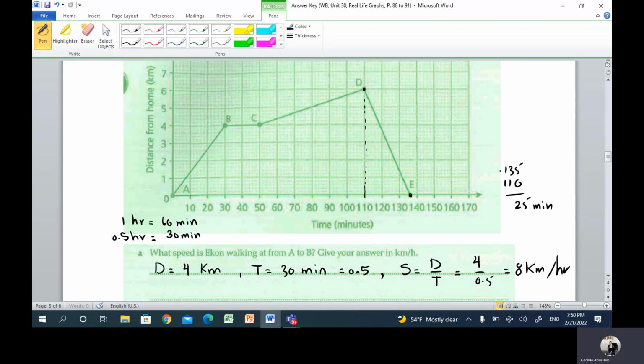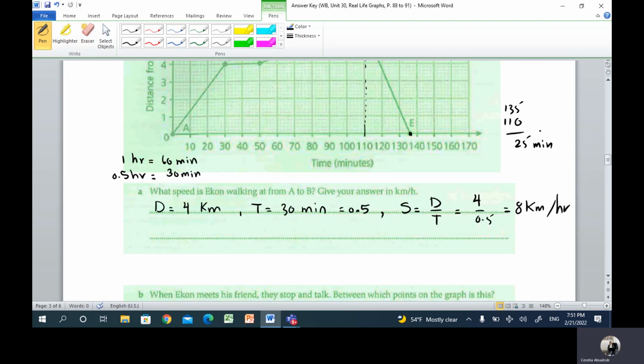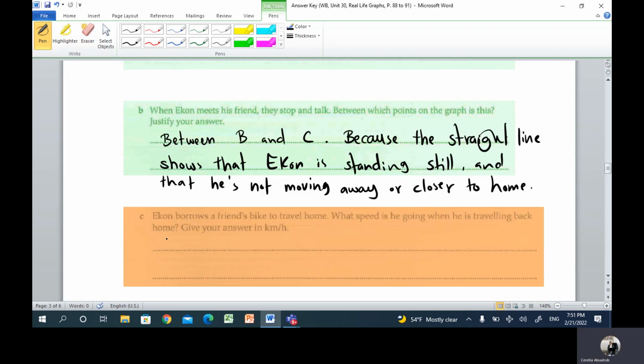And like we explained here, 1 hour is equal to 60 minutes. So 25 minutes divided by 60, the answer is 0.42 hours. So the time, as we explained up there, is 0.42 hours.